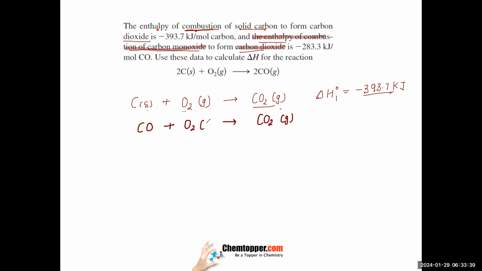All these are gases. And delta H naught 2 is minus. This equation is not balanced, so we have to balance it. And look at the value of delta H naught, it is given per mole of CO. So this equation should be for 1 mole of CO. So I should put half here then, and it's balanced.